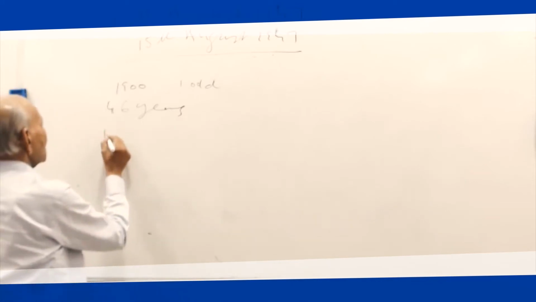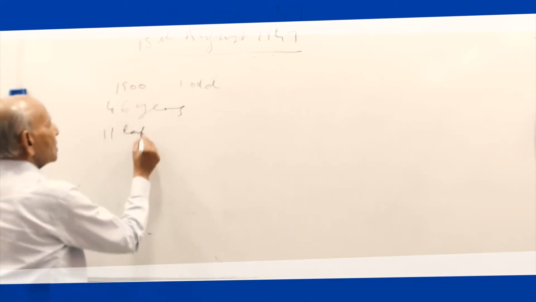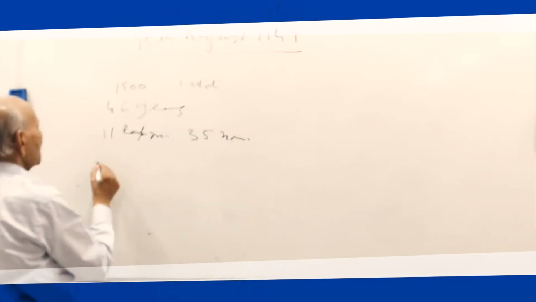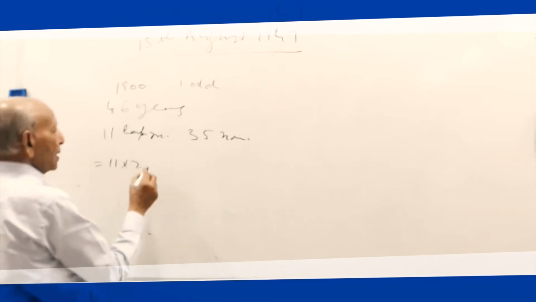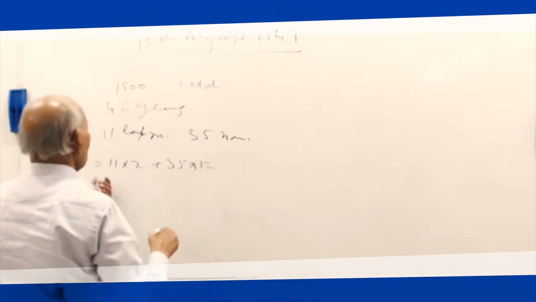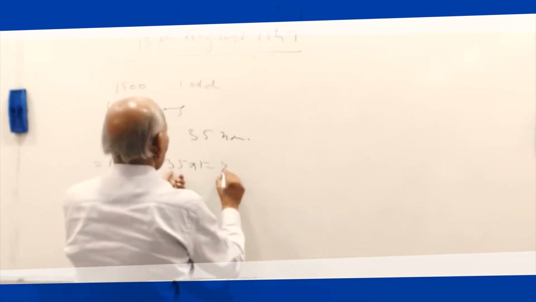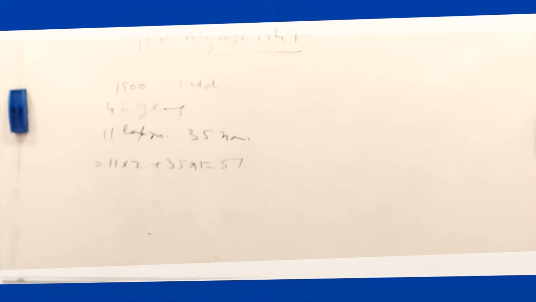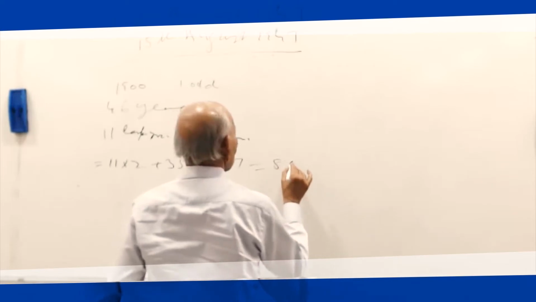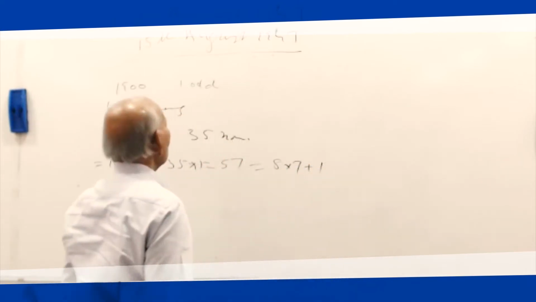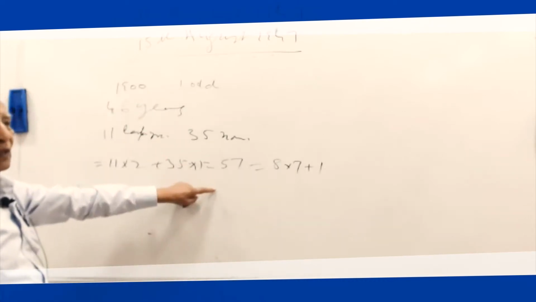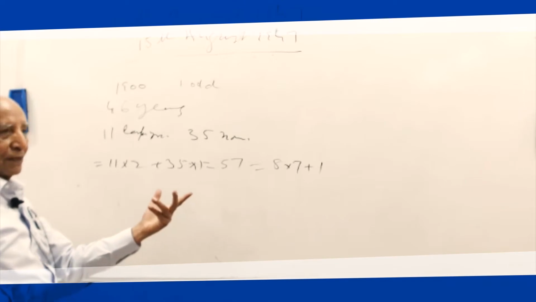So in 46 years, there are 11 leap years and 35 non-leap years. So 11 into 2 plus 35 into 1. So how much? You can count. Is it 57? So it is 57. Convert it into weeks. So that means 8 into 7 plus 1. So 1 extra day. So 1 extra day is already with us, 1 more extra day. We'll be counting these extra days.